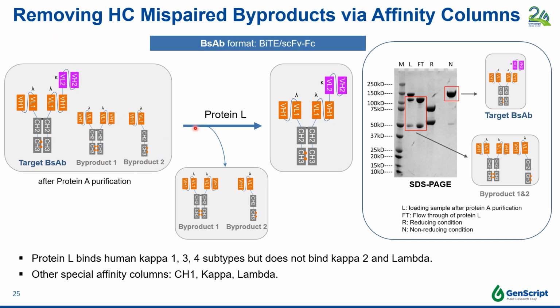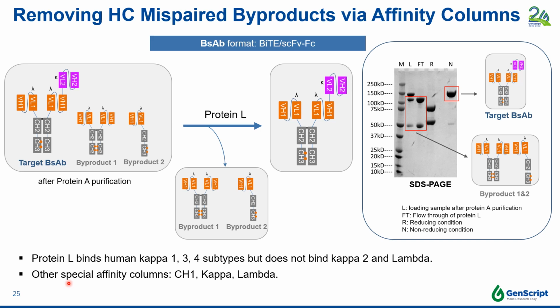So we use protein L to get high purity BsAb. The principle here is that protein L binds human kappa 1, 3, 4 subtypes, but does not bind kappa 2 and lambda. You can also choose other special affinity columns based on your design and byproducts.